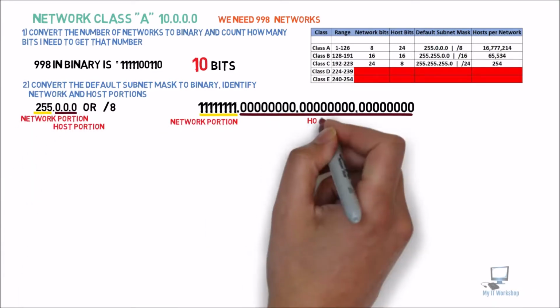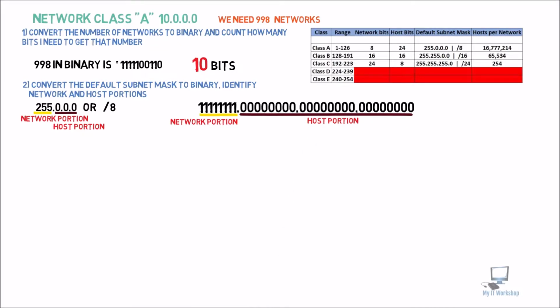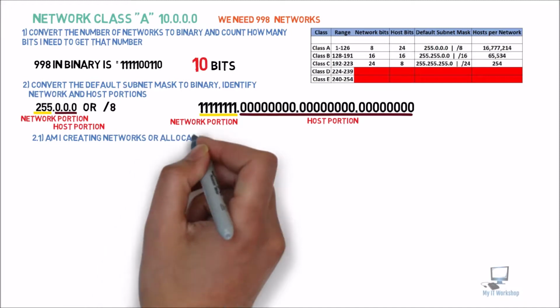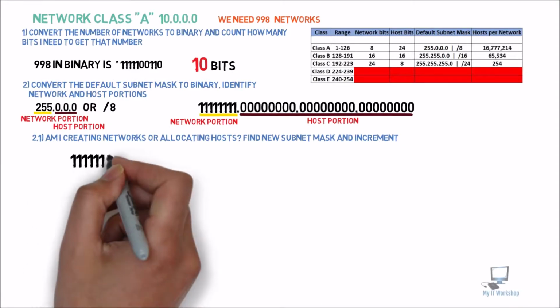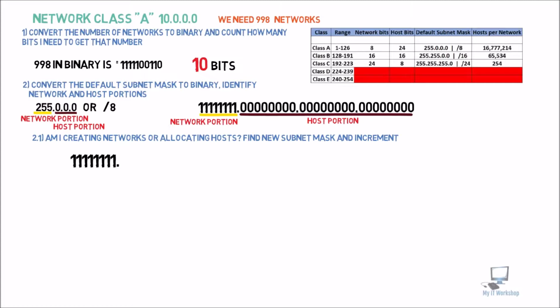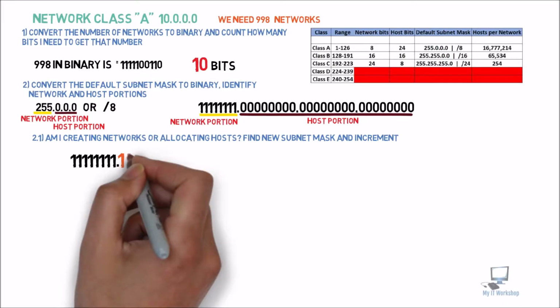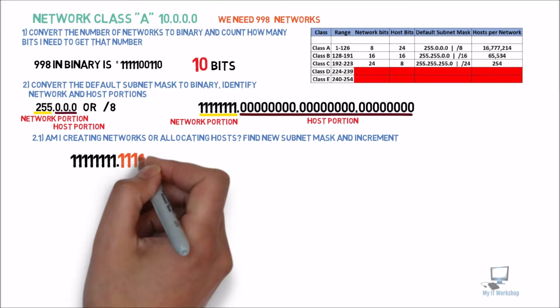Our next step: what are we doing? Are we creating more networks or allocating hosts? Well, we are creating more networks, so we have to reserve these 10 bits in the network portion. So I copy the default network mask for a class A, and now I'm going to reserve the ones, the 10 bits, starting from left to right.